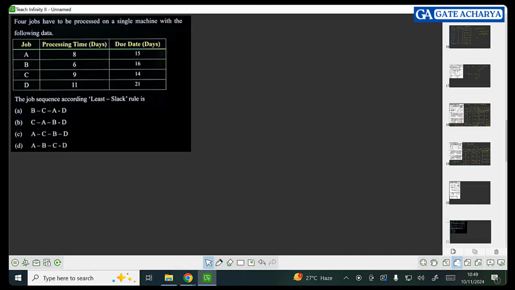Due date for E, you need to follow this sequence: 2, 5, 6, 9. Right. Lateness, flow time minus due date. Then tardiness, modulus of that. Okay. If a negative lateness comes, take it as 0. That's it. Very good. Very good.